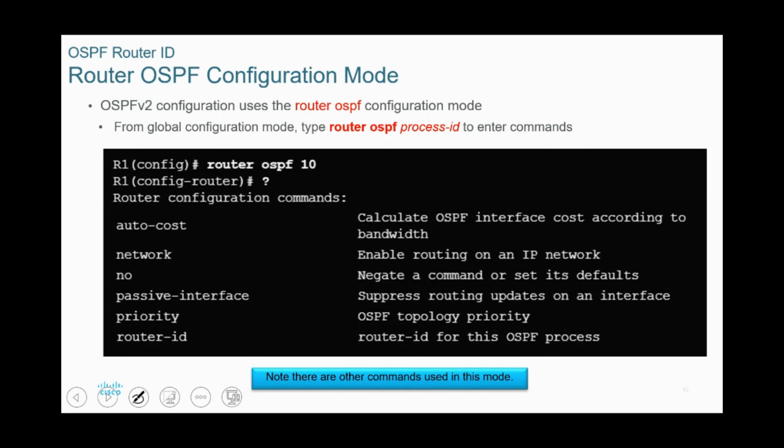For example, if you want to configure OSPF version 2, you start with router ospf, and this number represents the process ID. The process ID can be any number, from 1 up to a few thousand.